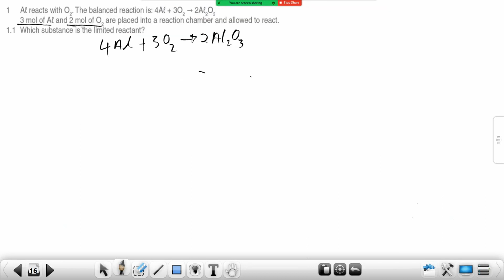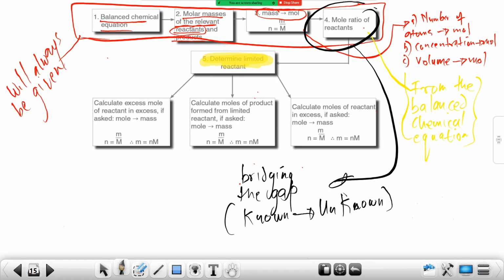So I don't want us to be limited or stereotyped into thinking that the only way of calculating moles is through mass. The slide was chosen with purpose, so that I can emphasize that.